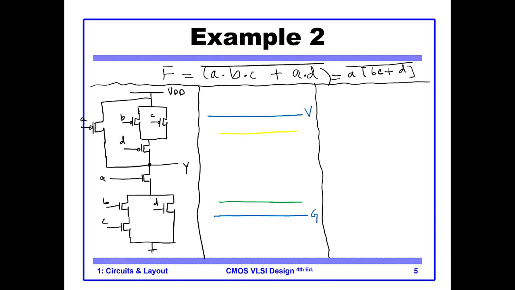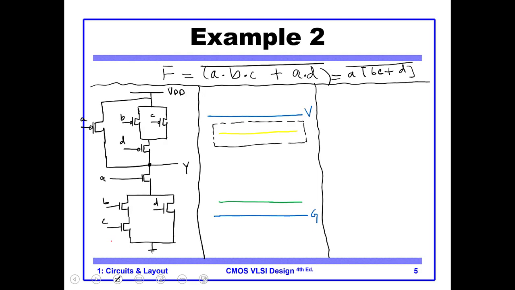The P-type region is inside a well, which I draw in this black color, and then I use this red color for drawing the polysilicon lines.